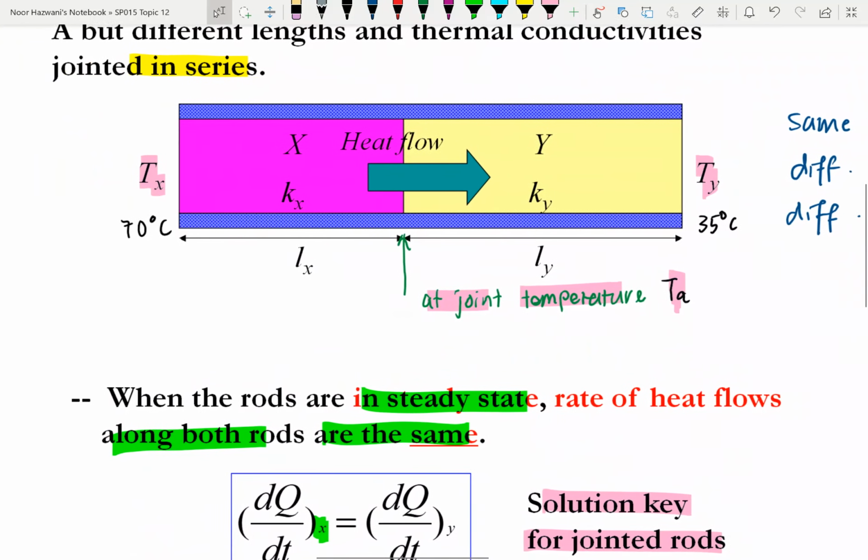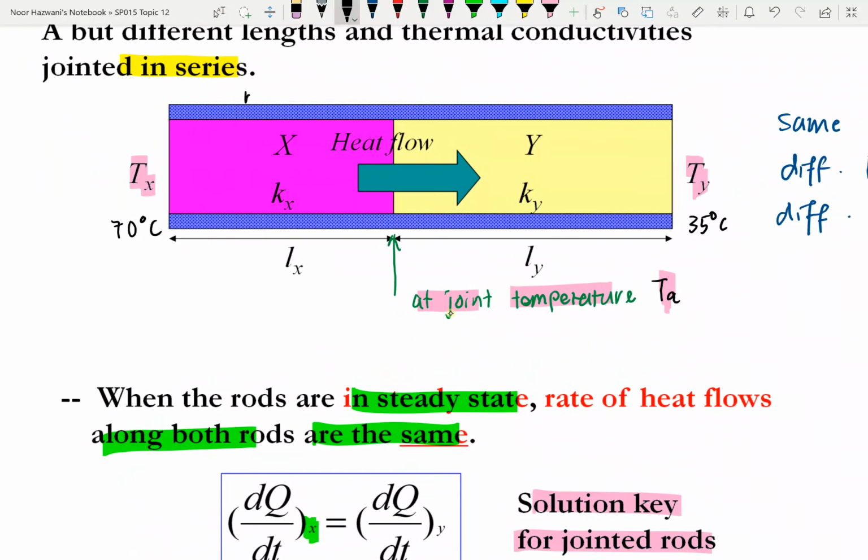Sekarang fokus kepada rod X. Okay, sebelah kiri ini adalah rod X. Bila heat flow daripada kiri ke kanan, in this direction, so you akan start dengan TX dan you akan end dengan TA dekat sini.